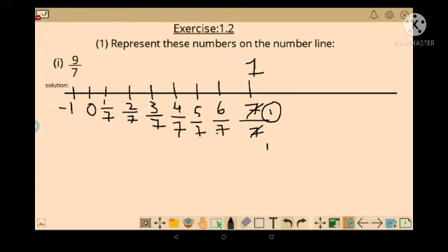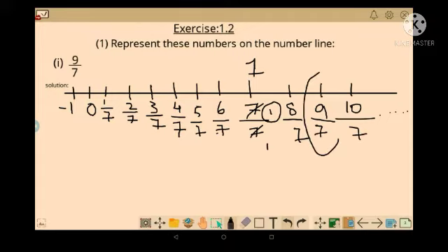If we want to place 9 by 7 or 10 by 7 or 8 by 7 also. So now after 7 by 7, 8 by 7, 9 by 7, also 14 by 7, 10 by 7 and so on. Okay, we'll write so on like this. So here we got 9 by 7, so circle it, and here we should write until 2.